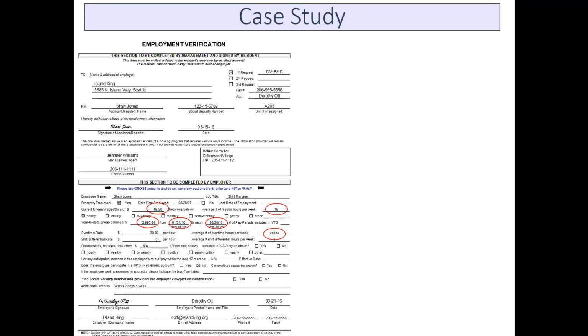So what we see from this is that Sherry has a job at $19.50 an hour, only 16 hours a week. They've given us a year to date, but notice they said $30 an hour for overtime and hours vary. So that's something that we're going to need to get a clarification for.